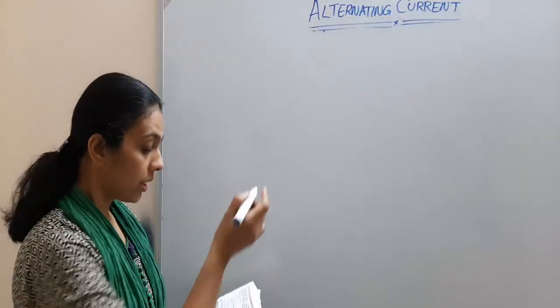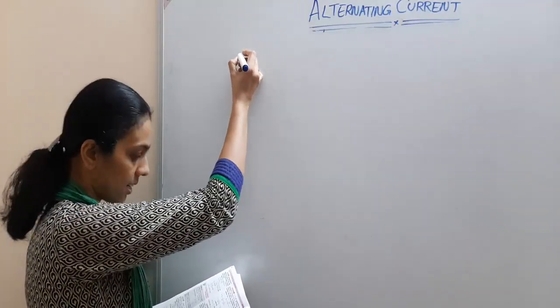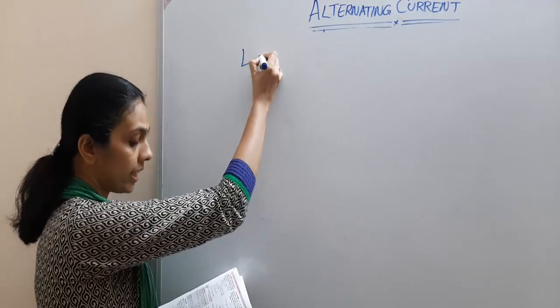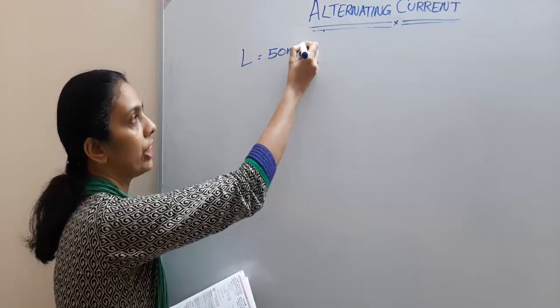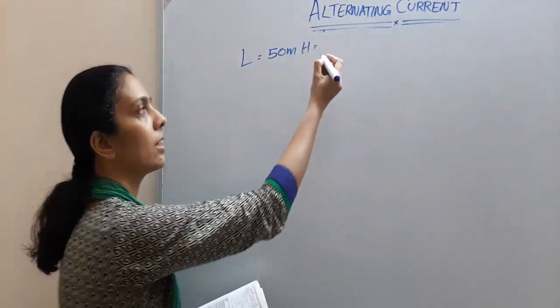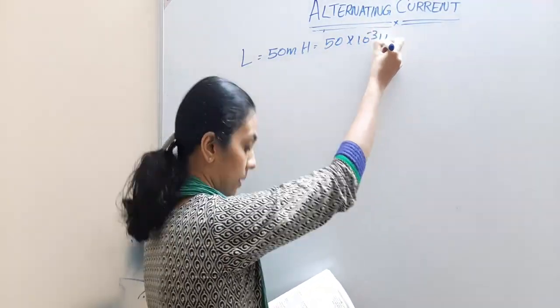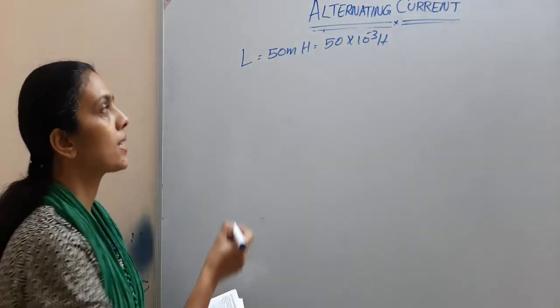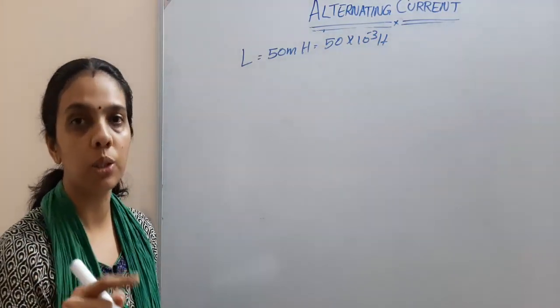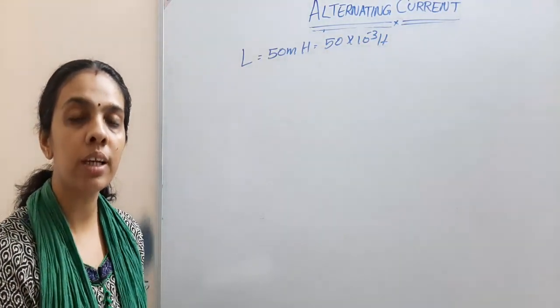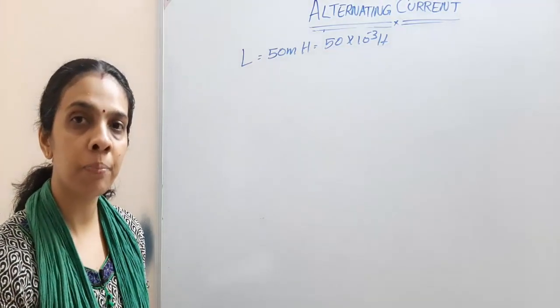Here the given data are: pure inductor L equals 50 millihenry. Millihenry, while converting, is 50 into 10 to the power minus 3 Henry. It is connected to an AC supply of 220 volt. You tell me, is that 220 volt RMS or maximum?